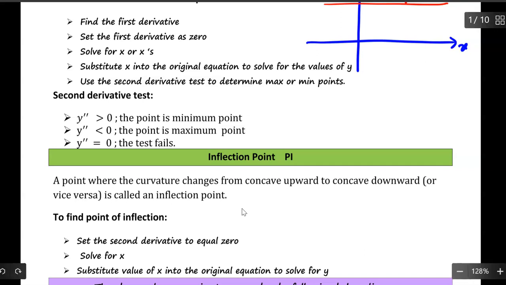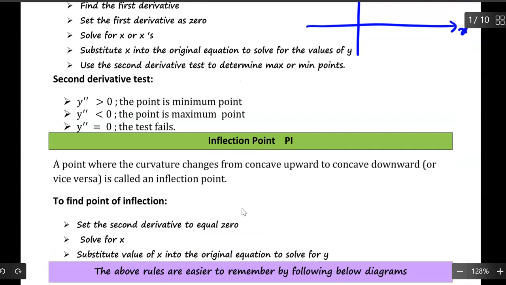So let me clarify this to everyone. I can quickly draw a graph. So if I have a graph that looks like this, you notice there's a part where the graph is concave downward here, and then this one is concave upward. So in between, somewhere here, there will be a point of inflection.